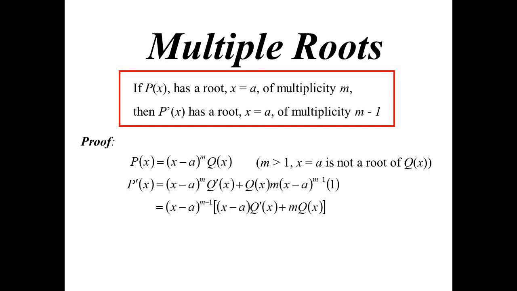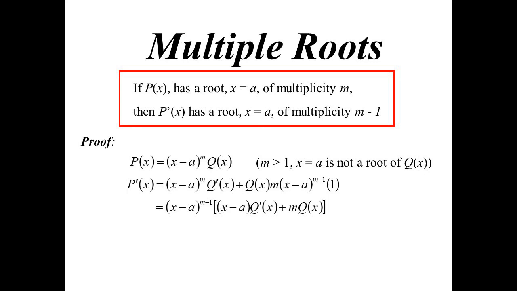But now what we have to see is inside those brackets that it's not a factor of that. So what have we got inside the brackets? Well, it's certainly a factor of the first term, because there it is, x minus a times the derivative. But is it a factor of m times q(x)? Well, it's not, because we said a is not a root of q(x).